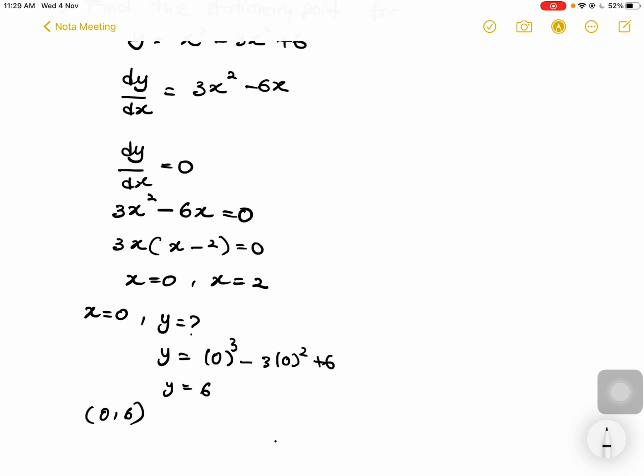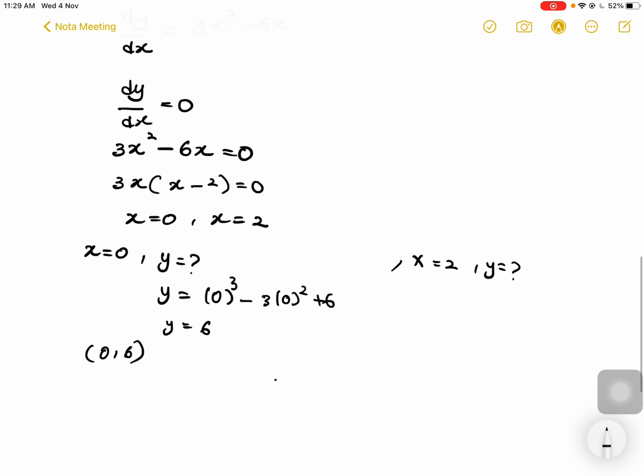Then you have to find, when x is equal to 2, what's your y? So your y is equal to 2 power of 3 minus 3 times 2 power of 2 plus 6. You press the calculator, you got 2.